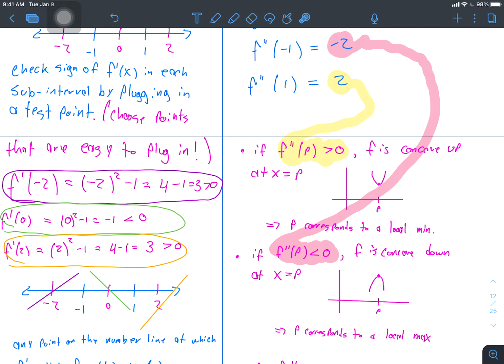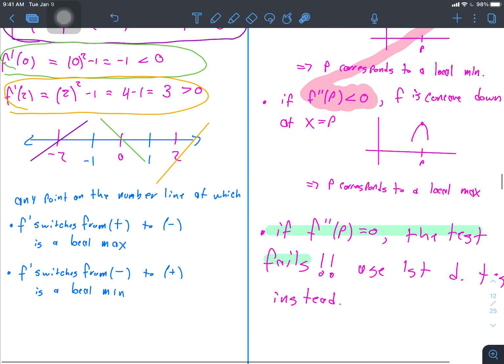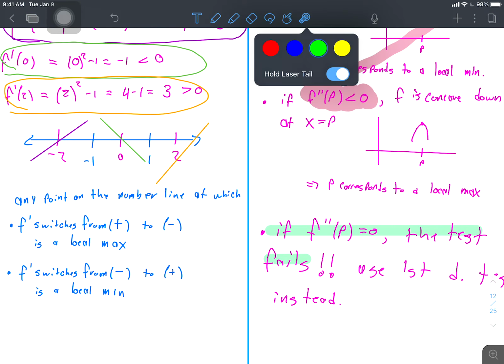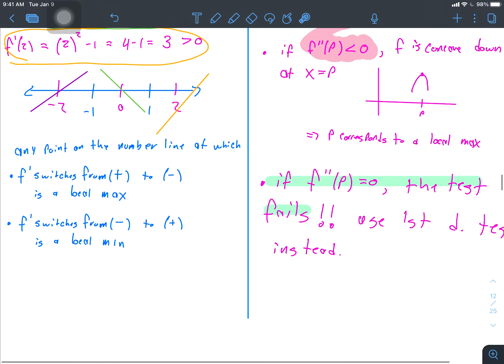Exactly. Yep, you got it. So I know that at any point on the number line where f prime switches from positive to negative, I'm going to get a local max, okay? And if f prime switches from negative to positive, I'm going to get a local minimum, okay?